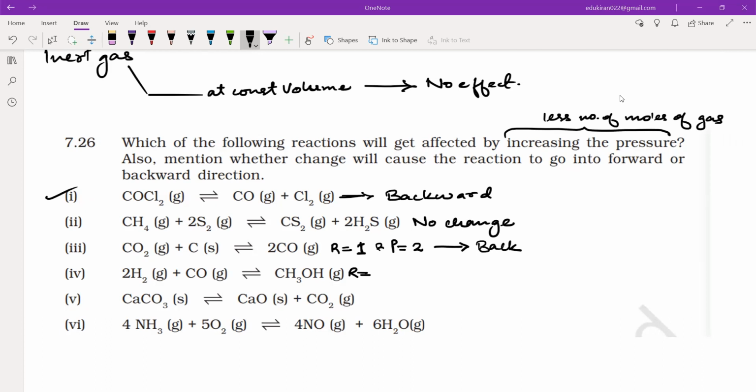How many? 3. And in the product? 1. Forward or backward? Forward.